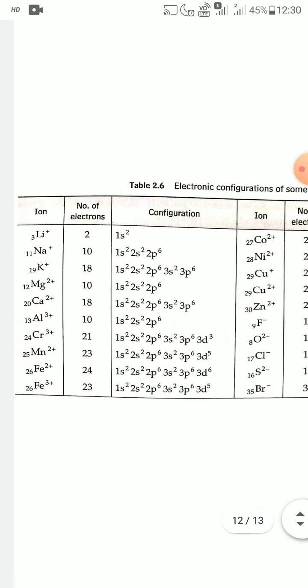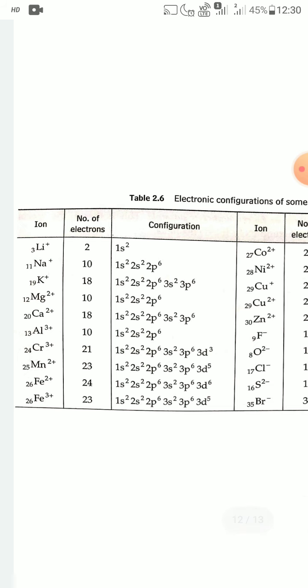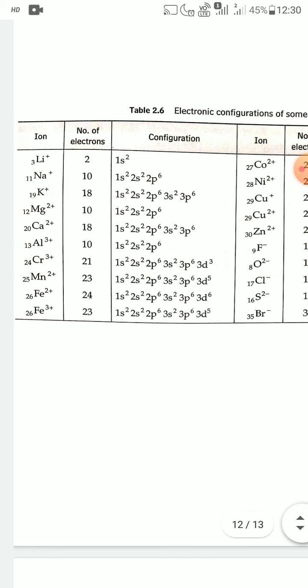Now in this table, the electronic configurations of some ions are given, of some cations and of some anions. We know that cations are formed by losing electrons, and anions are formed by gaining electrons.